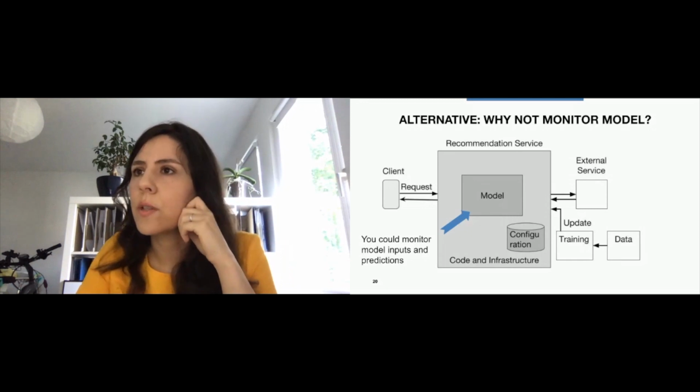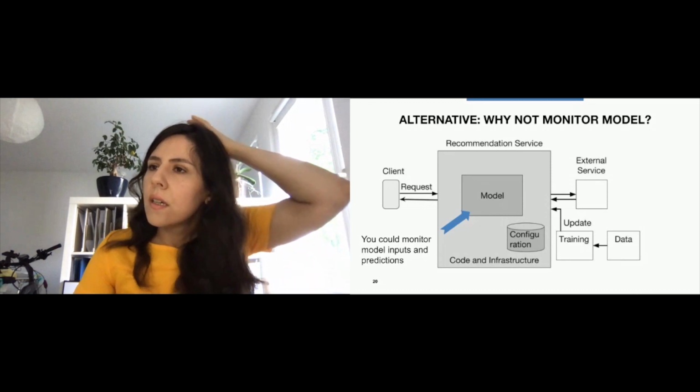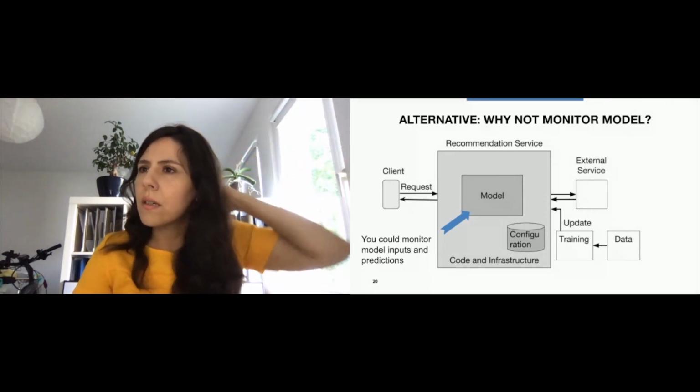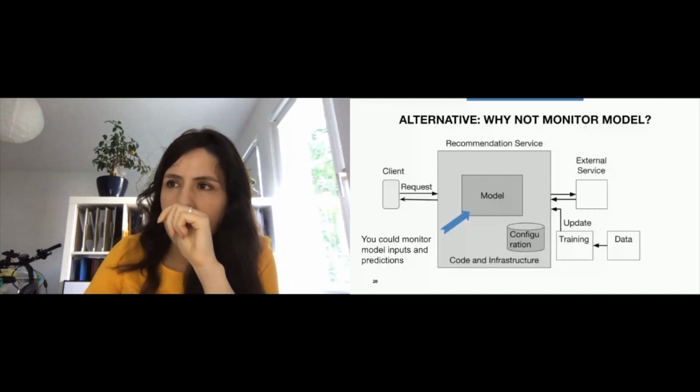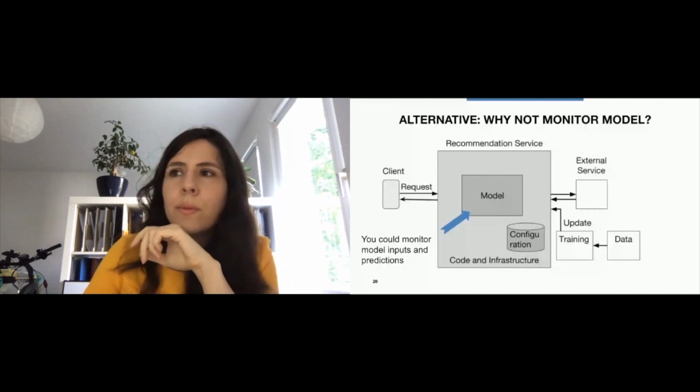Okay, another question. While the engineering implements the monitoring, are the quality metrics defined as part of the model training and serving process done by the data scientist? I guess it's debatable who should do this.